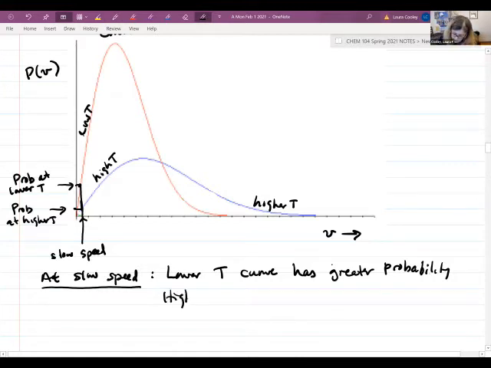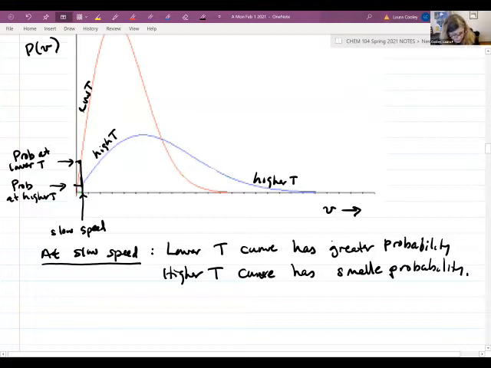And the higher temperature curve has the smaller probability. So what does that mean? It means at lower temperatures, there are more slow-moving particles.